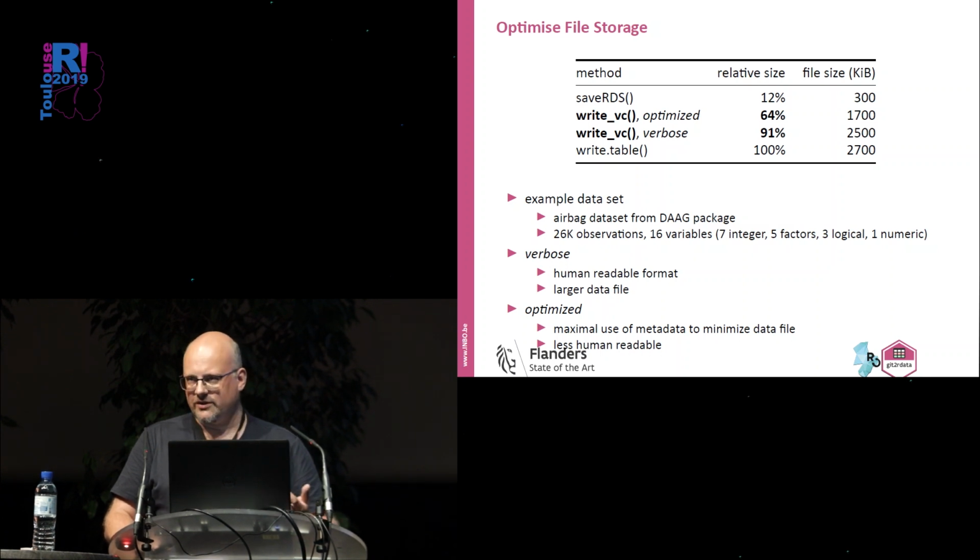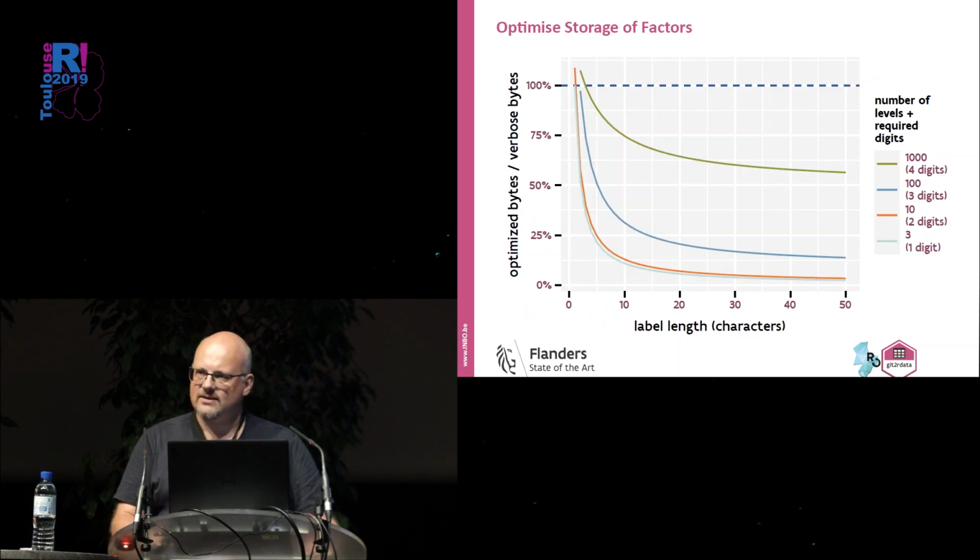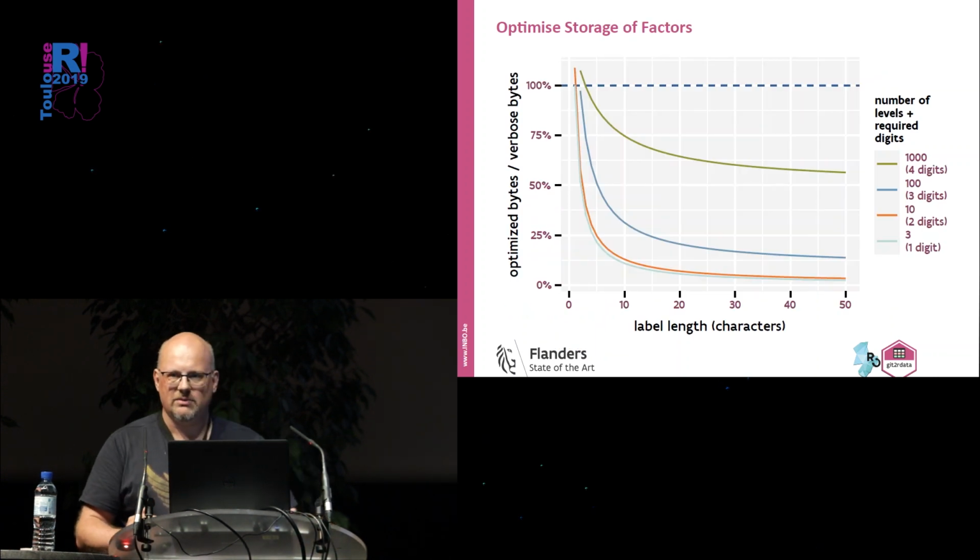Notice that we have two versions, the verbose version and the optimized version. The optimized version goes even a bit further and uses the metadata to the max to get even more compact data sets. And this is clearly seen when you think about factors.